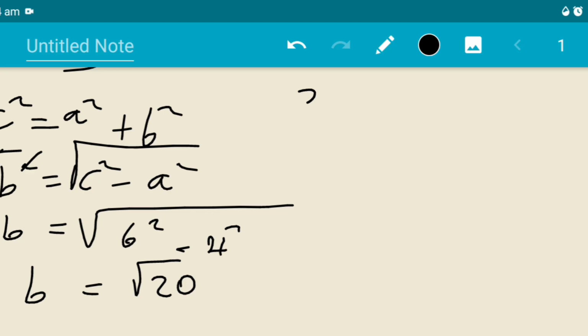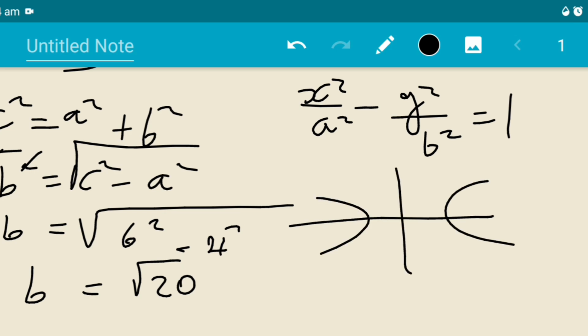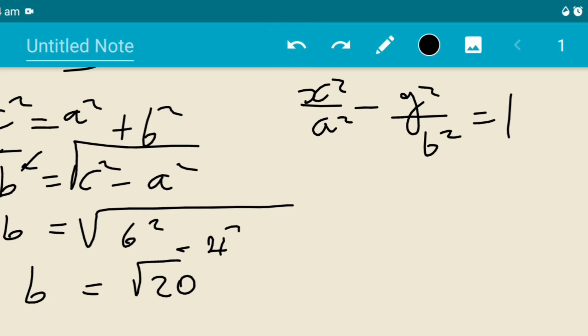Our equation would be x squared over a squared. Now why are we saying so? The x is not the one with the negative, so the y would be the one with the negative in this case, then minus b squared should be equal to 1. Why? Because it's oriented like so on the x-axis, so the x won't have a negative, and that's where our a lies.